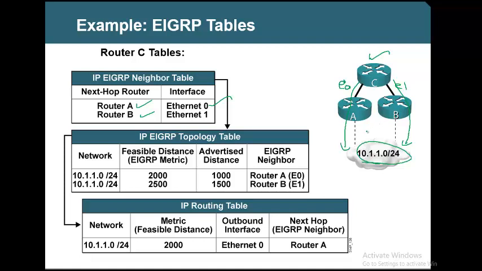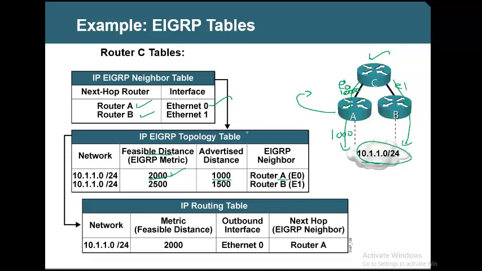And then the advertised distance via A is 1000, which means A is advertising 1000. But the feasible distance is 2000, which means this is another 1000. That's how you get 2000.